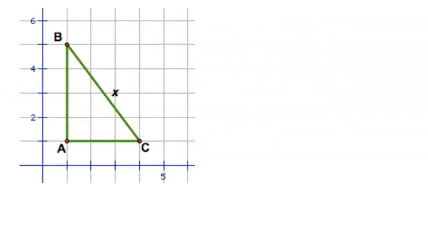Awesome. So let's do another one. In this case, this is a triangle, and again, that's our base times our height, and then we're going to cut it in half. The only difference here is that I'm not giving you the numbers, you're going to have to find them. So for our base, we're just going to count squares: 1, 2, 3. 3 squares is our base.